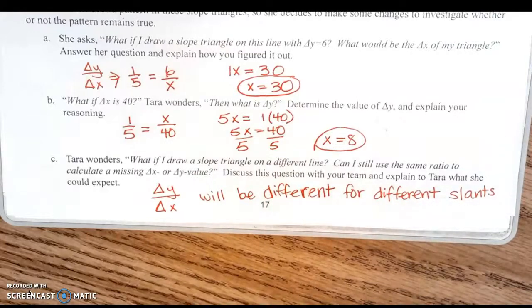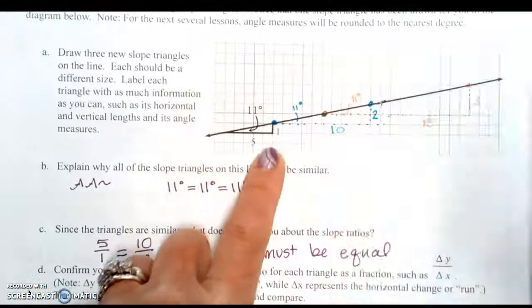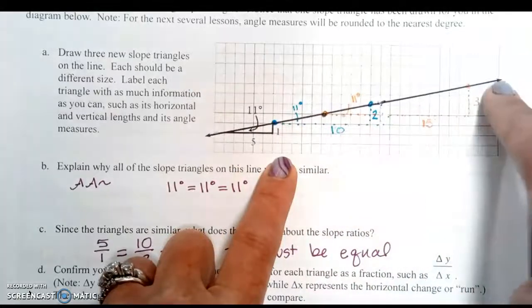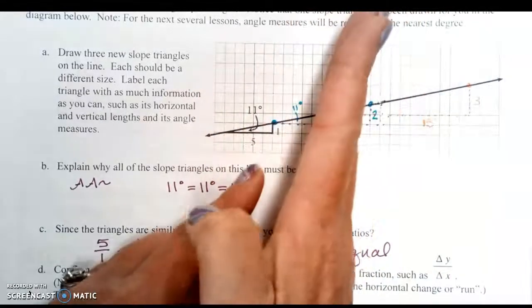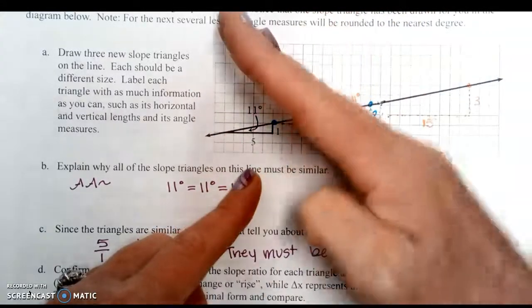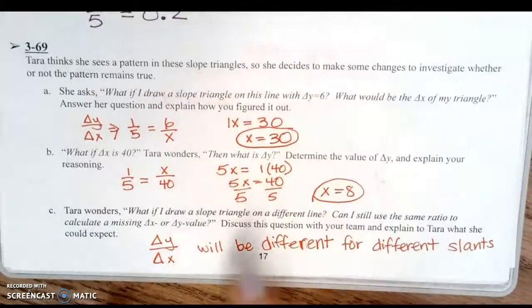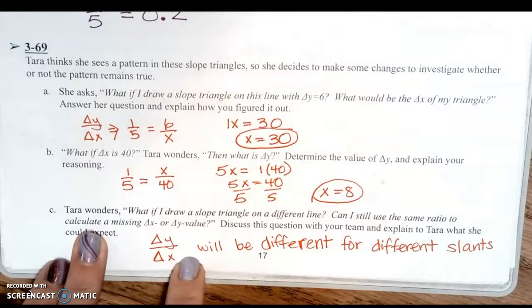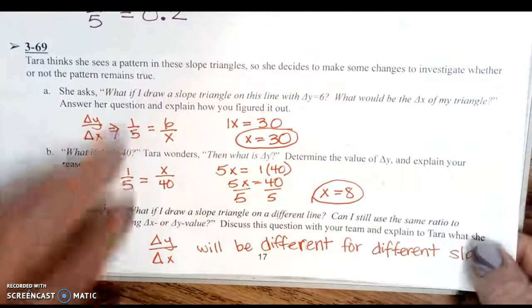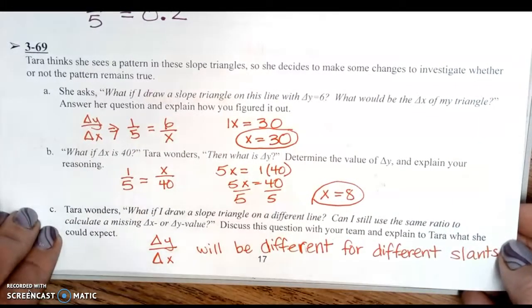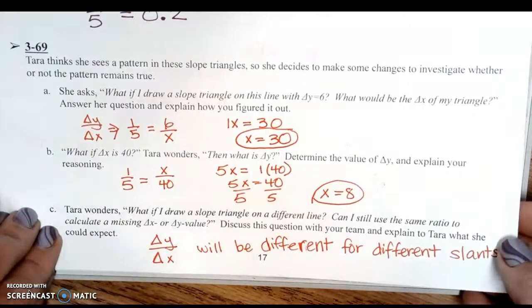So it just depends how your line is slanted. This one right here is slanted just slightly, but if you had a line that was super steep or even went down instead of up, you're going to have a different ratio. Okay? Any questions on page 17? Anybody still writing? All right, flip over to the top of page 18.